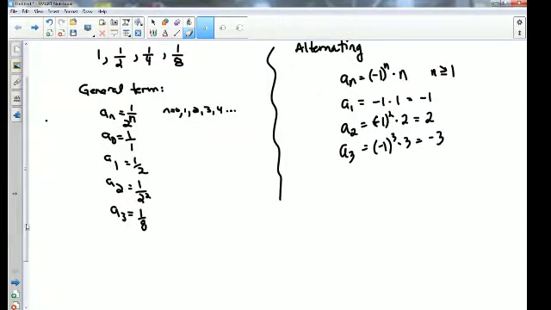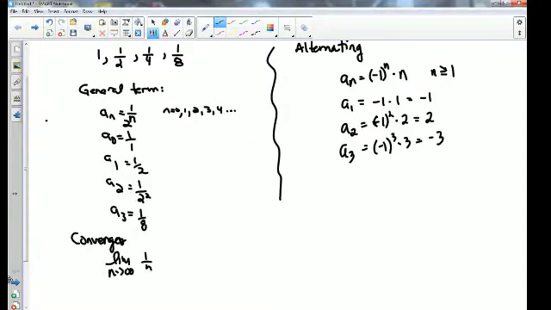Maybe that first one, the general one? Why? Because it's getting closer to the... Yeah, that's exactly what it is. So this one converges. And then to show that mathematically, you're taking a limit at infinity of the sequence.